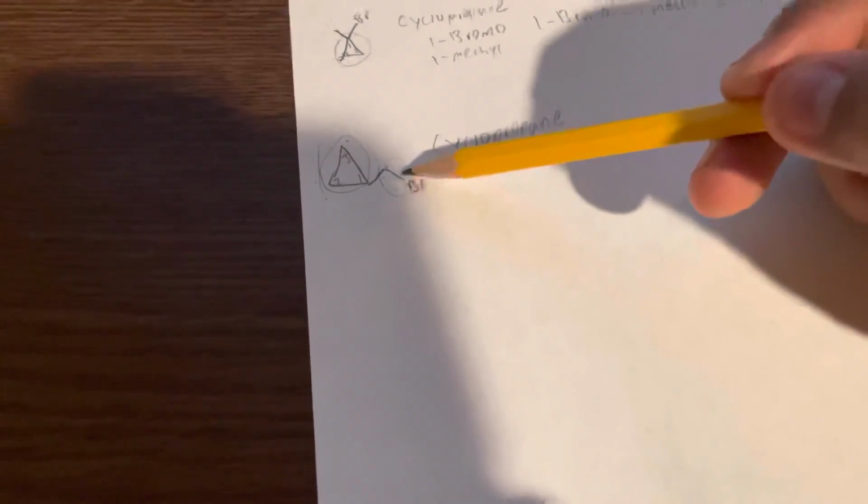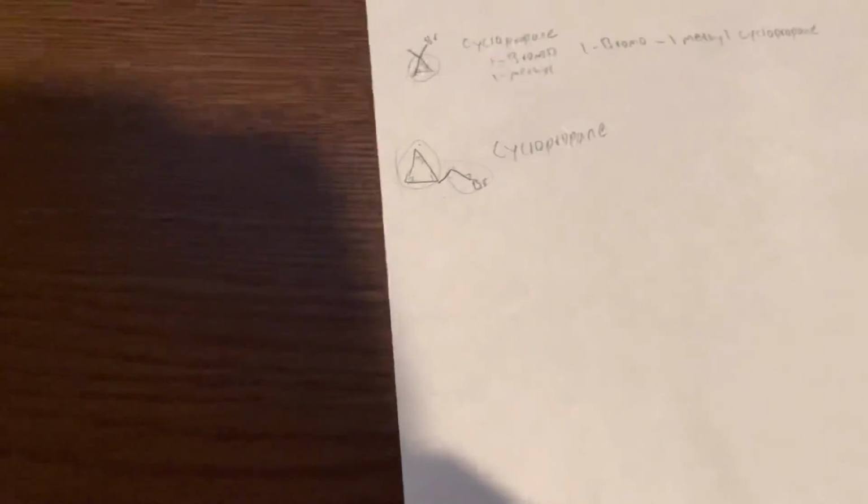But now we have a branch over here, this little branch. We don't circle this branch over here, we circle this one, and this is 1, 2, and since this is 1, 2, it's going to be 2-bromo methyl, because these two are connected.